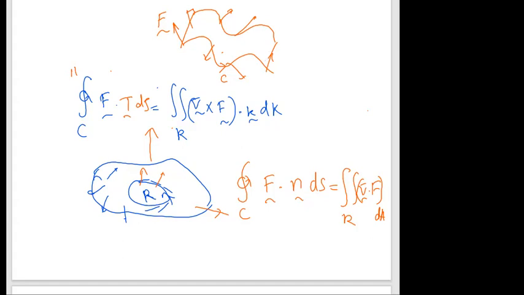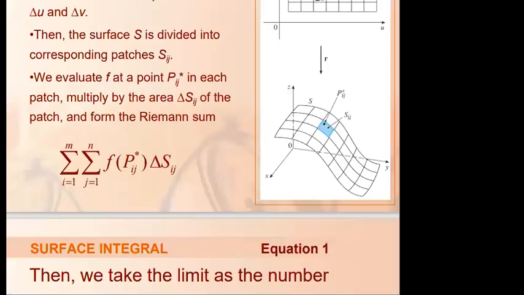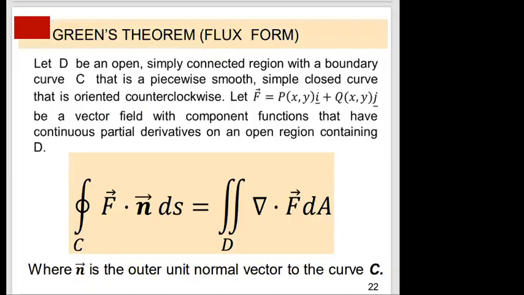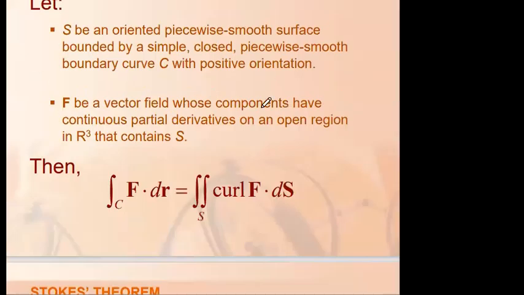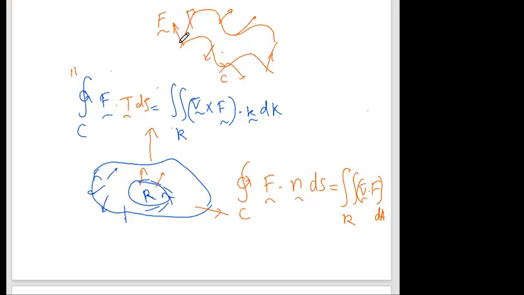Now you get what is called Stokes theorem. So you measure the tendency for the vector field to be aligned to the tangential vector to this boundary, right?